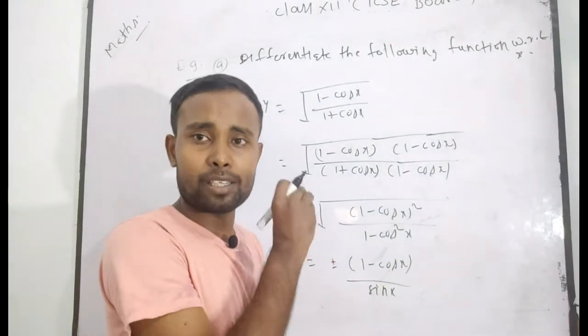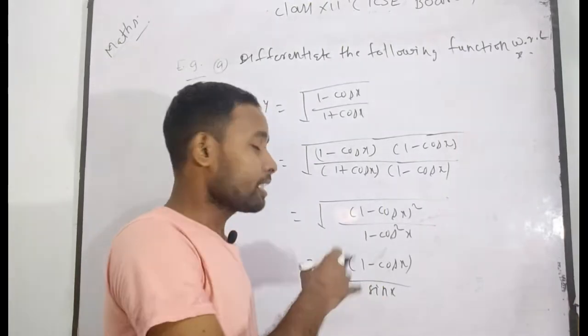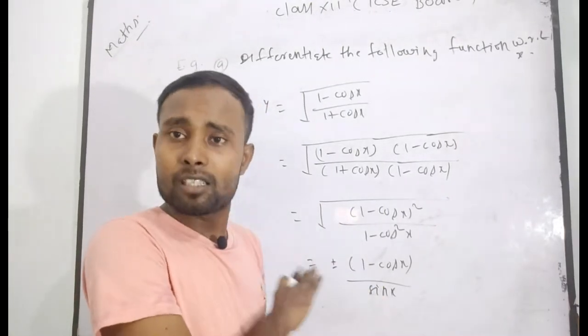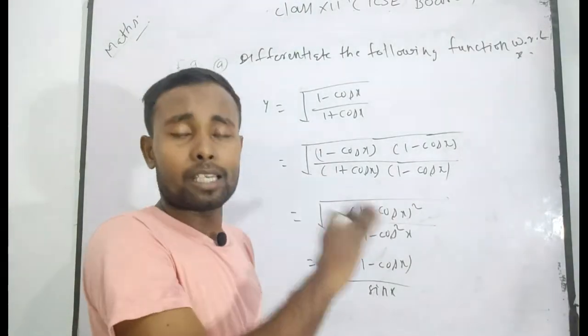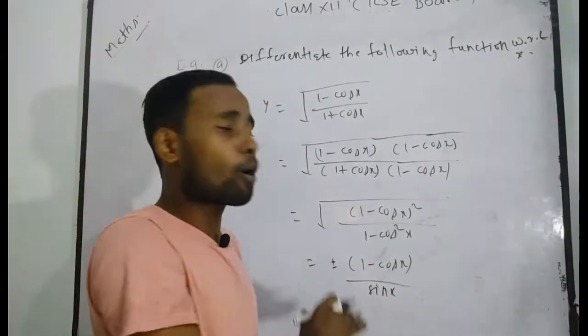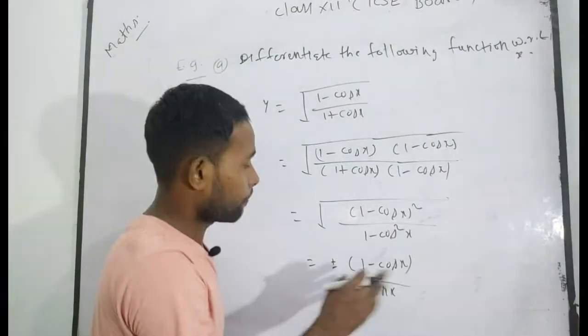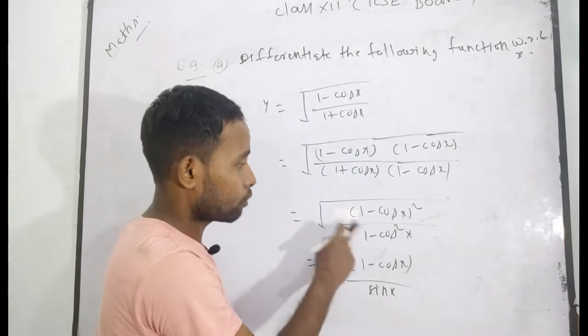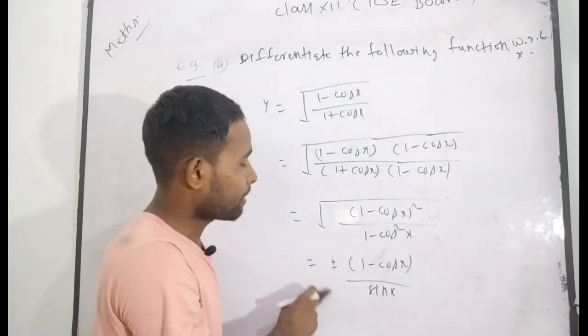This function is supposed to be differentiable everywhere, so they have asked you to differentiate directly. Do not consider where it is differentiable or not differentiable. That's why I have directly removed its mod sign and I have taken plus minus here.